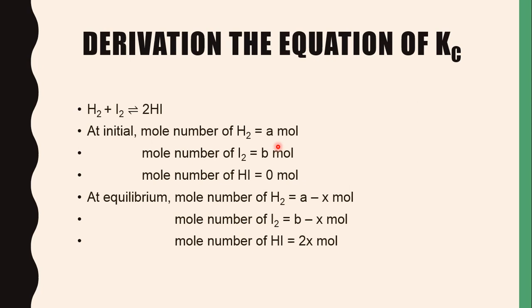So now it is B minus x mole. We got the mole number of reactants and products at equilibrium. Now to find out the concentration of reactant and product, we need to know the volume of the reactant and product. Let the volume of the gas mixture be V liter.